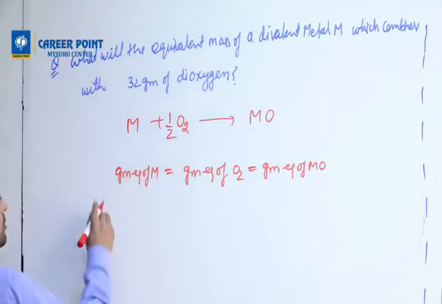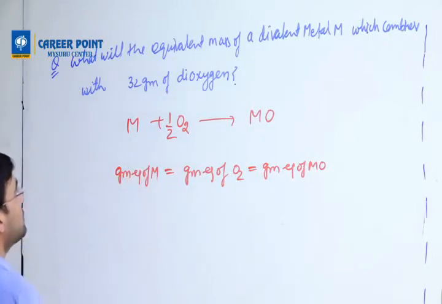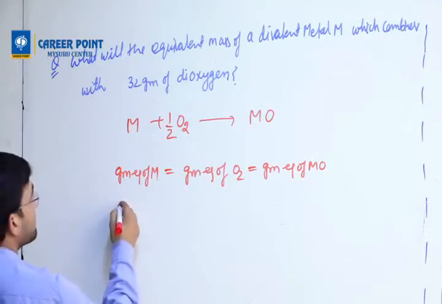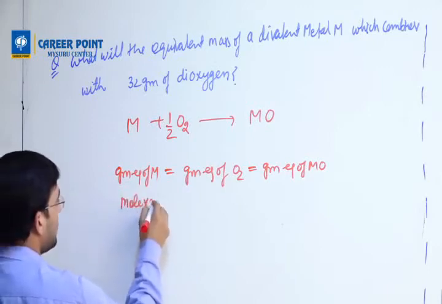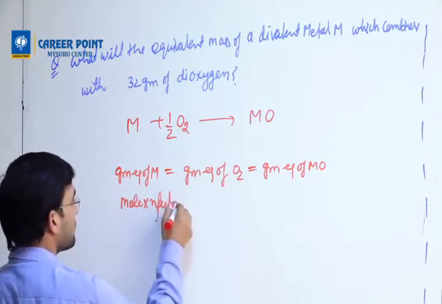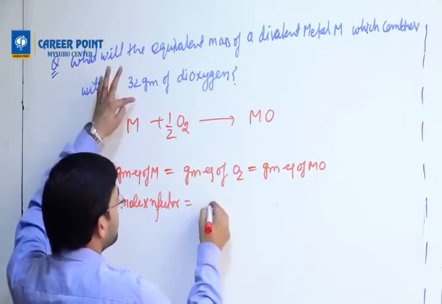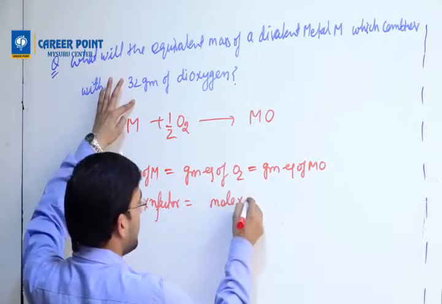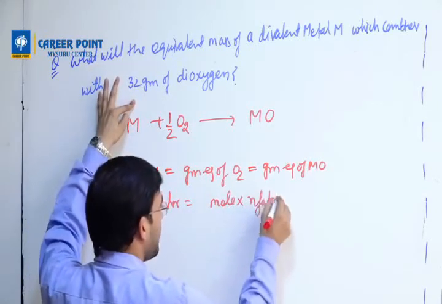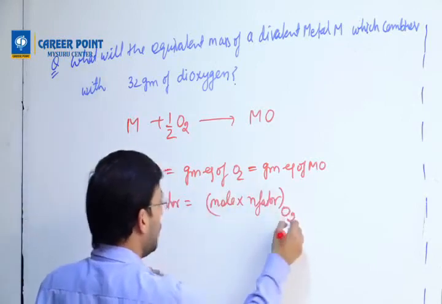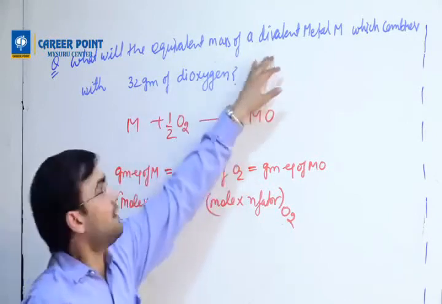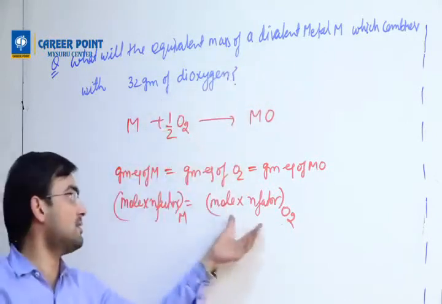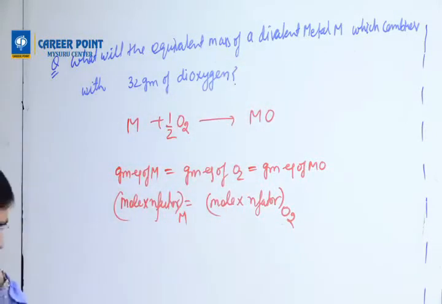Now this gram equivalent equals moles into n factor, this side O2, that side M. Because metal and oxygen data is given, this is given, this I want to find out.